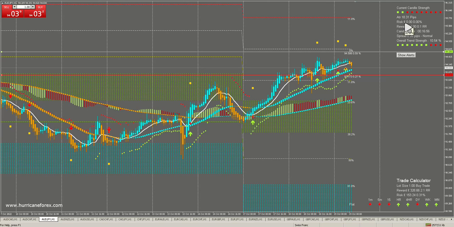So in your prop challenge, it's going to say that you've only got like 4% a day that you're allowed to have, and you can watch up here how much risk you've got on, because it will show it there. So if it says you've got 3.5% risk because of your stops, you only need to tighten your stops, or don't take any more trades, because you've got a 4% per day loss and a drawdown as well.